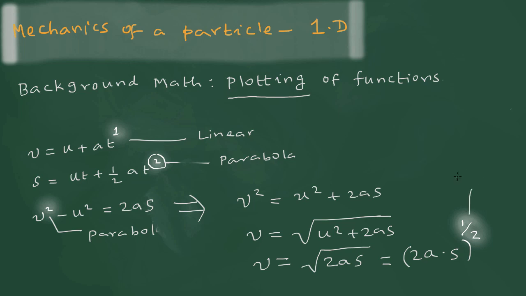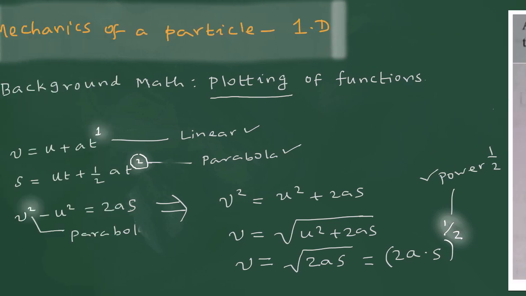So we have to draw graphs which are linear, which look like a parabola, and which are curves having power 1 by 2. If you know this, then you can plot many different curves. We will see how to do that.